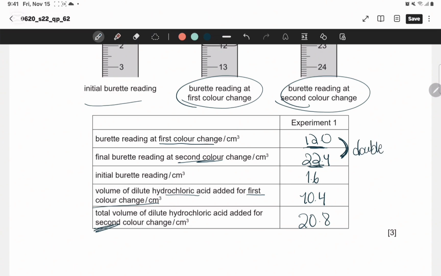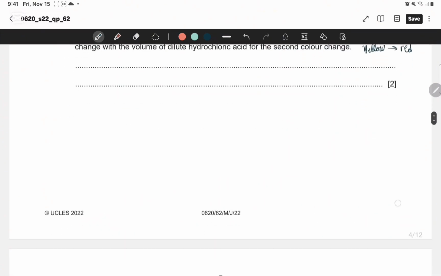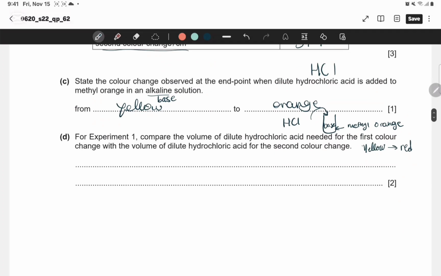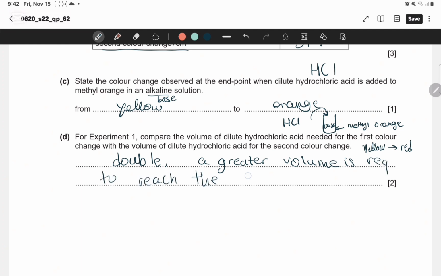So the volume doubled. We have to say double, and a greater volume is required to reach the second point.